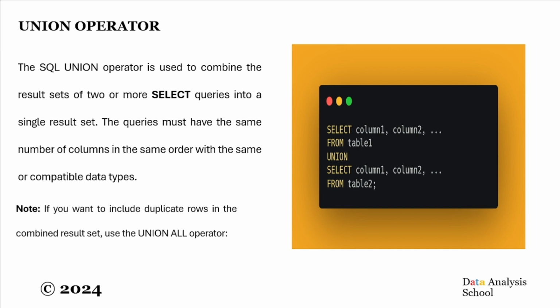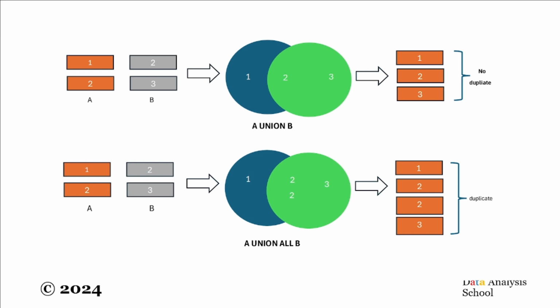Let's see an illustration. Looking at this chart, we have two result sets, A and B. A is 1 and 2, while set B is 2 and 3.